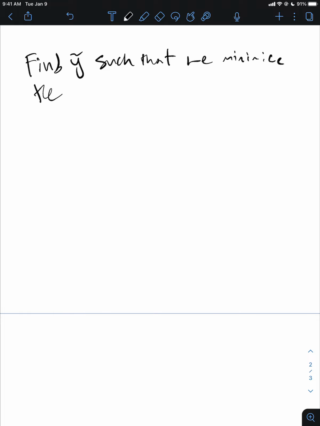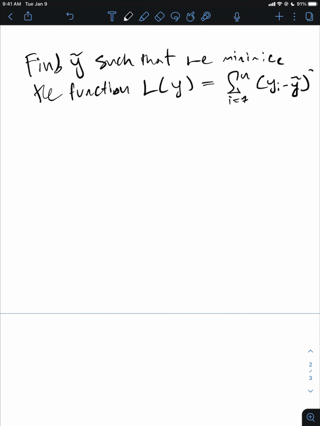So what we're interested in here is the following. We want to find some value for some variable y, some y tilde, such that we minimize the following function, L of y, equal to the sum of (yi minus y tilde) squared.